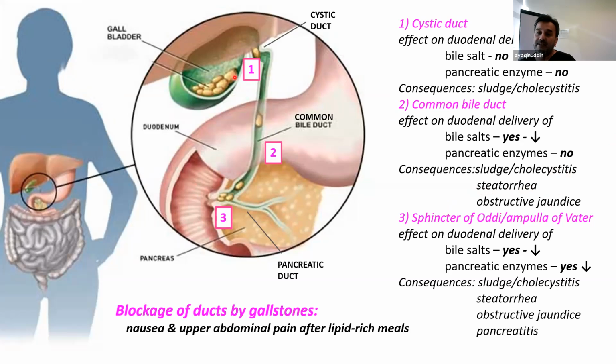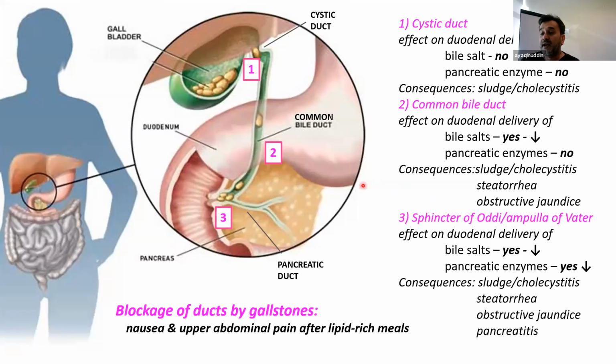The other thing is that the bile also has a pigment called bilirubin, so that would start to accumulate, and you would have jaundice, which is called obstructive jaundice. The third thing that could happen is that the sludge will start to accumulate within the gallbladder and into the bile duct, which can lead to cholangitis, which is the inflammation of the bile duct, or it can also lead to cholecystitis because of the inflammation of the gallbladder wall.